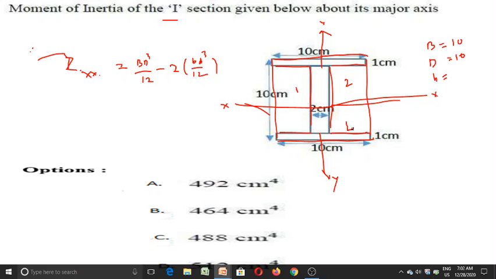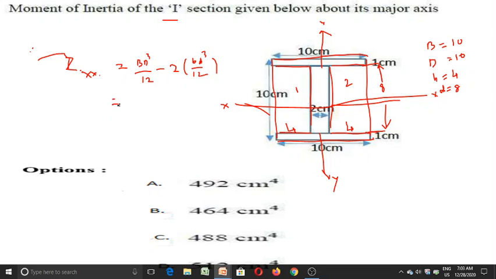So this is 4 centimeters and this is 4 centimeters. The width of the smaller rectangle is 4 centimeter, and the depth of the smaller rectangle is: total depth is 10, deduct this 1 centimeter and this top 1 centimeter, 10 minus 2, it is 8 centimeters. So small d is equal to 8 centimeters. Now substitute all those values in this equation.